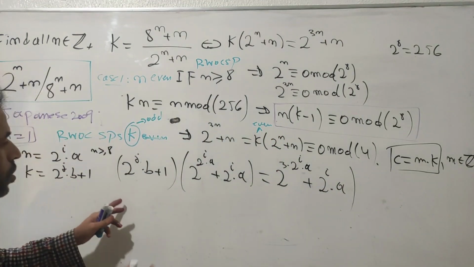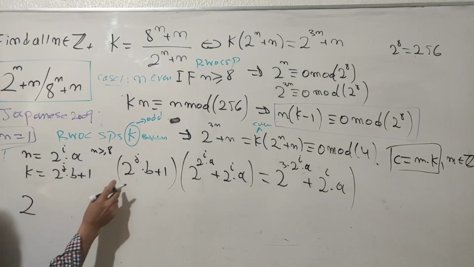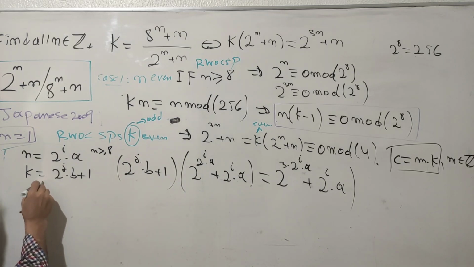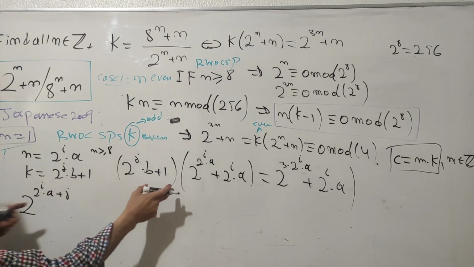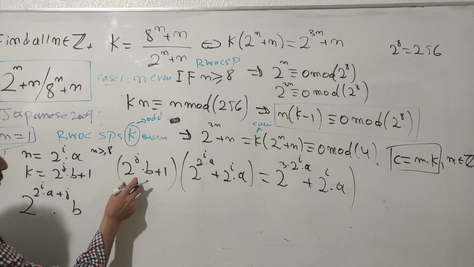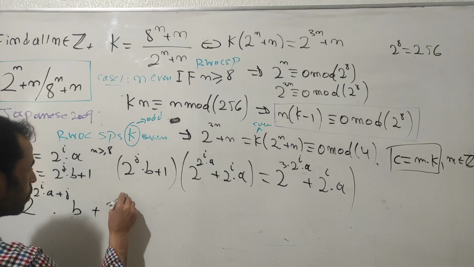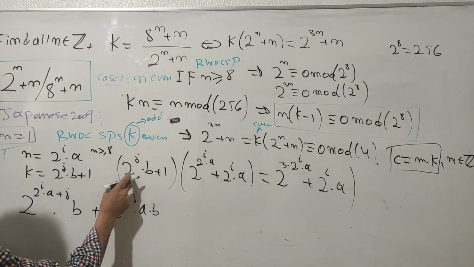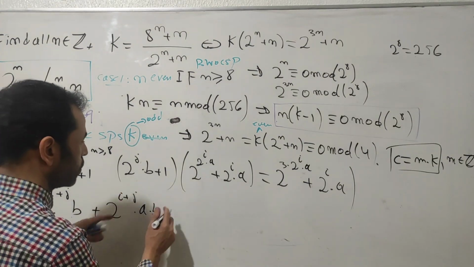So now I'm going to distribute this out. I will have the following expression: 2, and this one will have the same base. I get 2 to the power i times a plus j, because I have the same base, number 2. Then it will be multiplied by b. Plus the second term, I will have 2 to the i plus j multiplied by ab, because we have the same base 2, and the exponent i plus j is multiplied by ab.